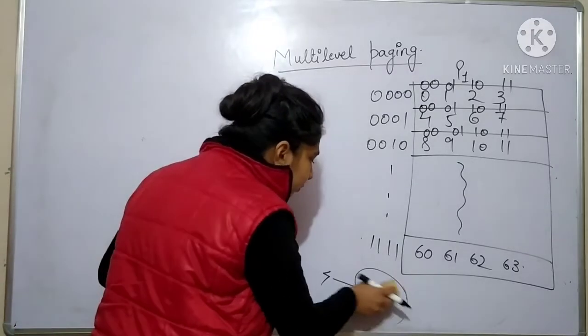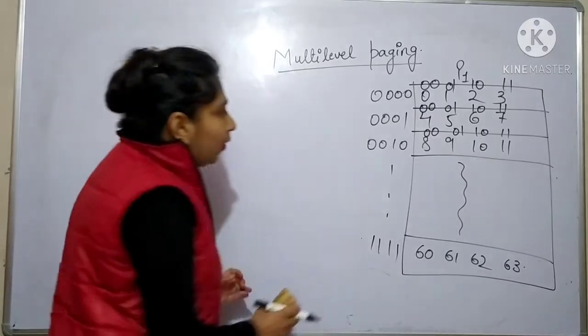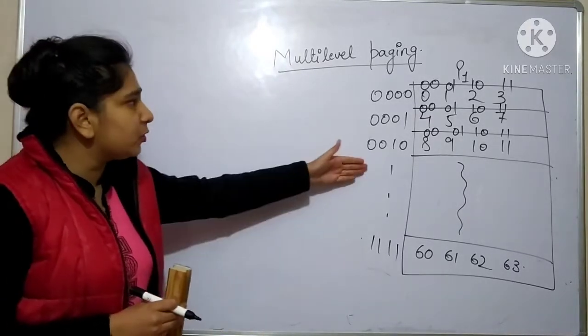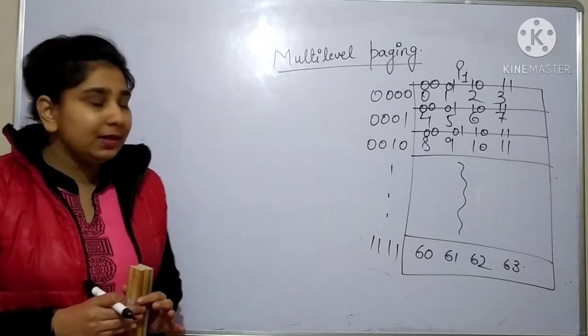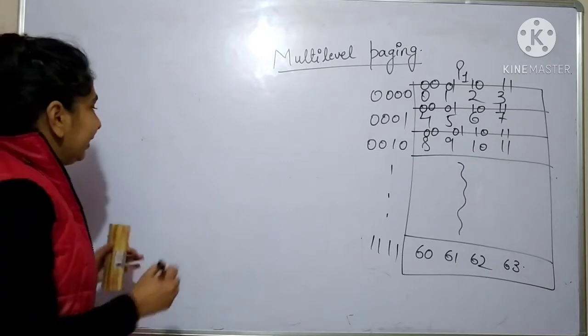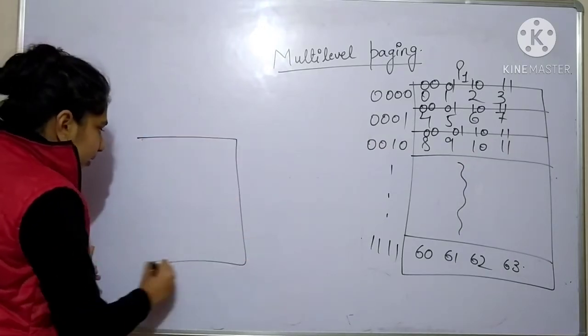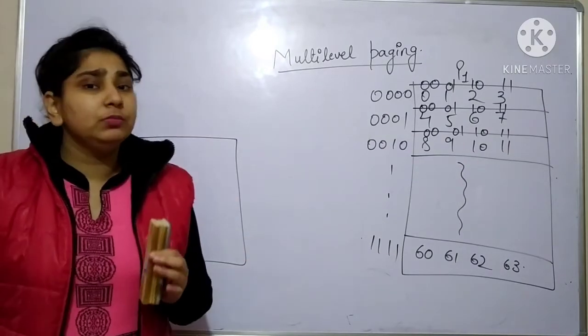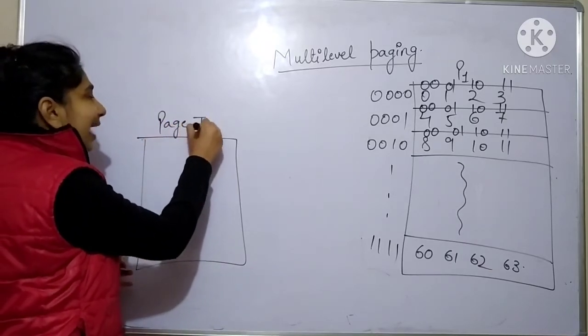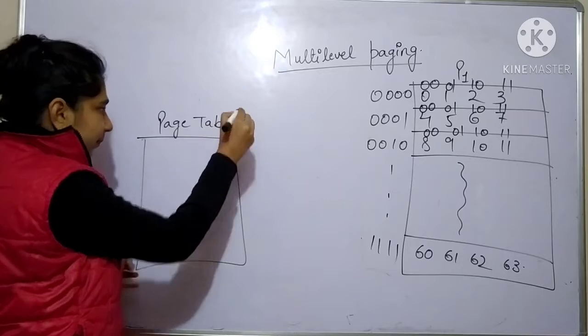Okay, so now I want to make a page table for this process P1. The size of your page table depends on the size of your process.